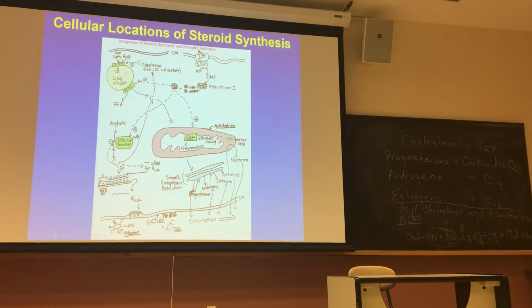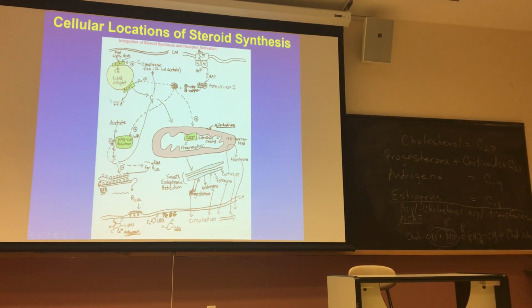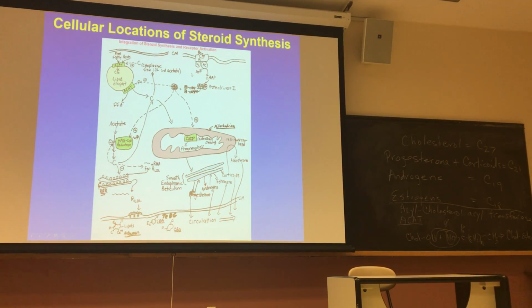So this enzyme now is primed to reverse this action and give you cholesterol and free fatty acids. Does that make sense? What's ACTH normally stimulating in an adrenal cell?